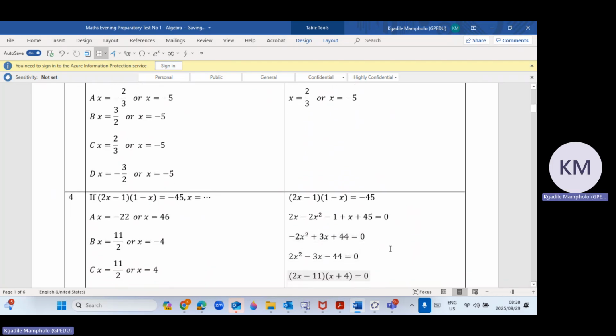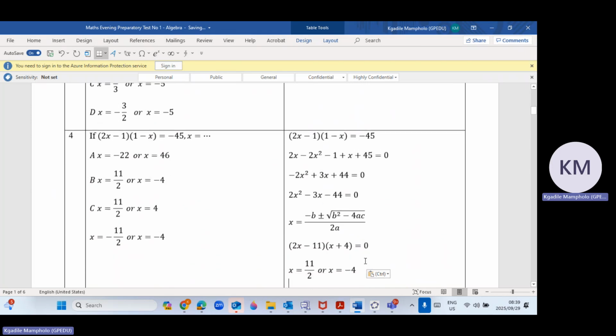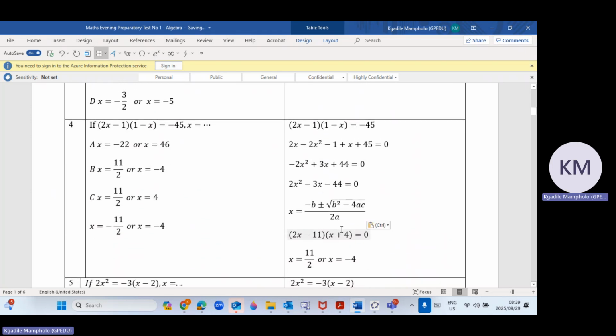After you have written your equation in standard form, even if you don't write it down on your answer sheet, just write down the quadratic formula and quickly substitute a, b, and c.